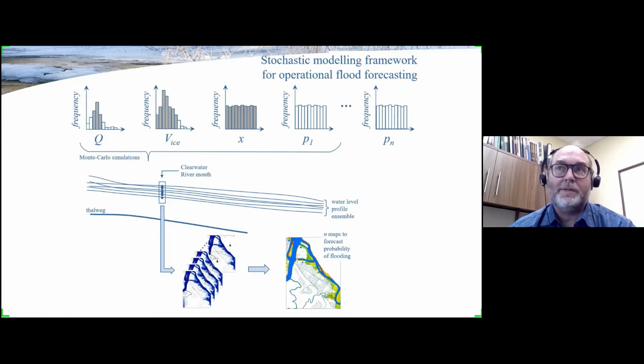For forecasting, you have to do this once a day. You want to get out a forecast once a day, so there's quite a lot of steps to go through. So you might only be able to do 100 maps, and from those 100, you can then count from your DEM how many times a cell is flooded, and you can get a probability of flooding.